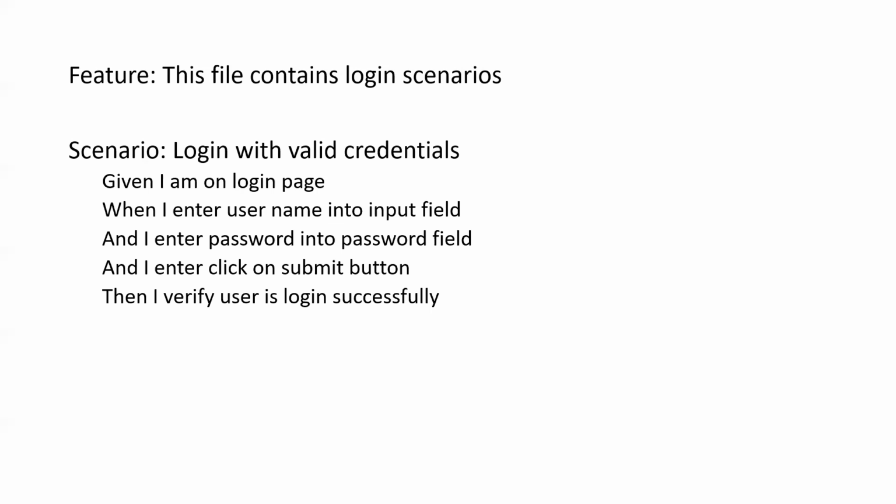When I enter the username into the input box field, I enter the password into the password field, and I click on the submit button. Then I verify the user is logged in successfully. So Given, When, Then are keywords of Cucumber. Scenario is also a keyword, and Feature is also a keyword. These are the keywords we use to write the feature files as well as the scenarios.